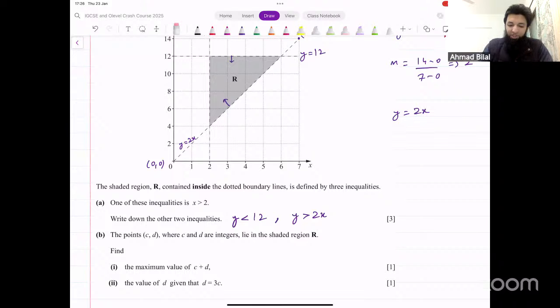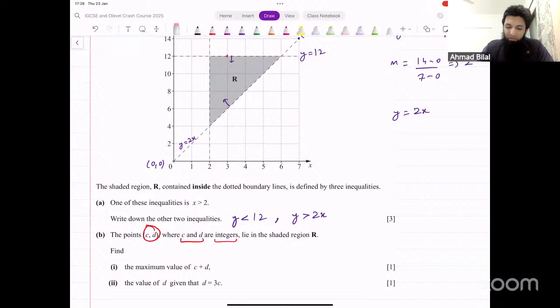Now, which points lie in the shaded region? Remember, we cannot consider points on the lines themselves because these are strict inequalities without the equal to sign. So these points cannot be considered. The only possible points satisfying this condition, where both the coordinates C and D are integers, where are they going to be?